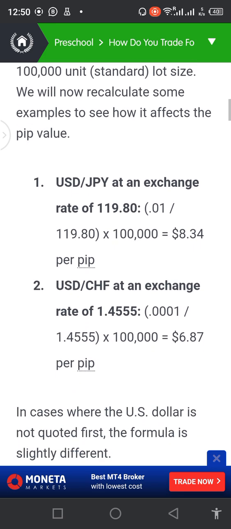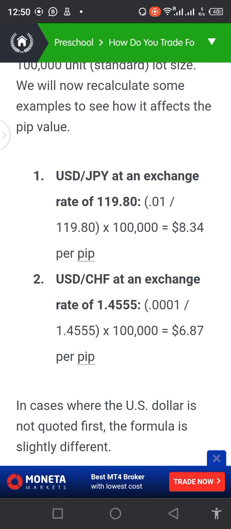If you go here to USD/JPY at an exchange rate of 119.80, you take 119.80, the exchange rate of that particular pair, and the standard lot size of 100,000.